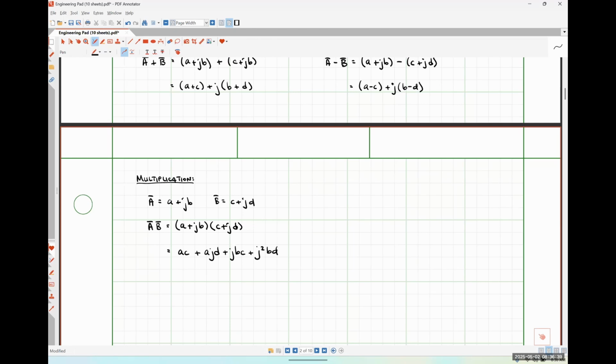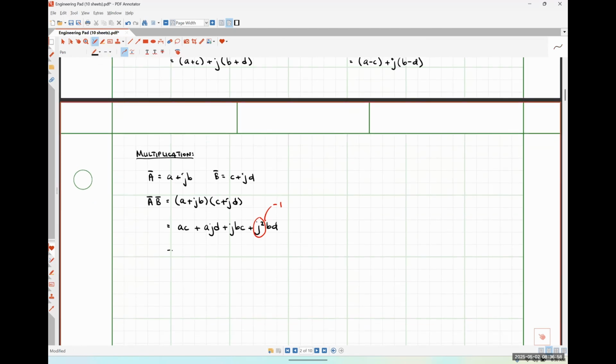So what is J squared? -1. If J is the square root of -1, then J squared is just -1. So if this can be replaced by -1, the result of this operation is AC minus BD as the real part, plus J, AD plus BC as the imaginary part.